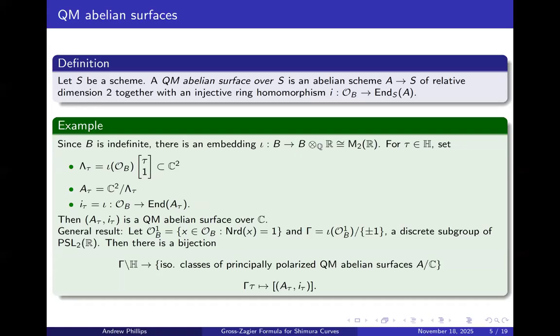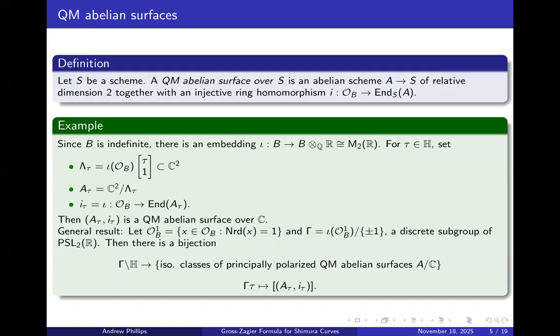It turns out that this is not some special example. It actually parametrizes all QM abelian surfaces over the complex numbers. The general result, which has been known a long time, is that if you look at the norm 1 units, all the units in O_B that have reduced norm 1, and you inject them into M_2(R) and quotient by plus or minus 1, we get a discrete subgroup of PSL_2(R).